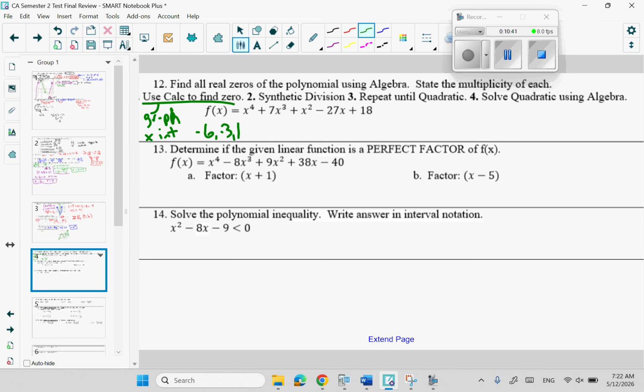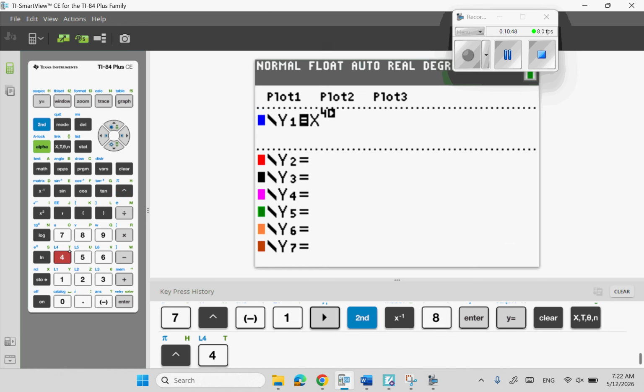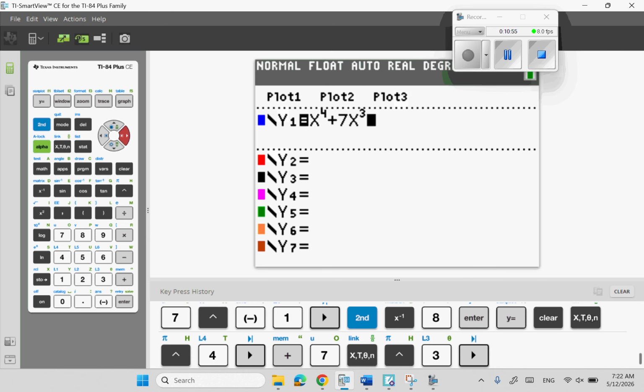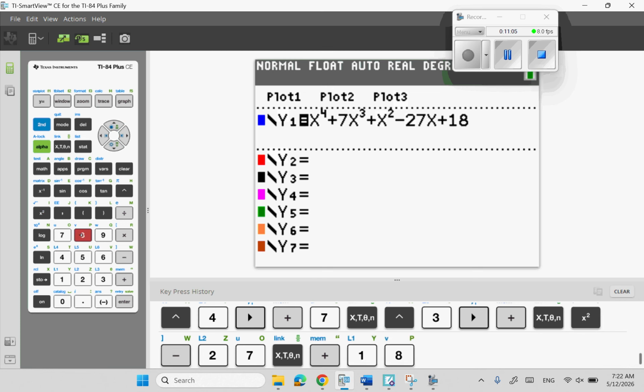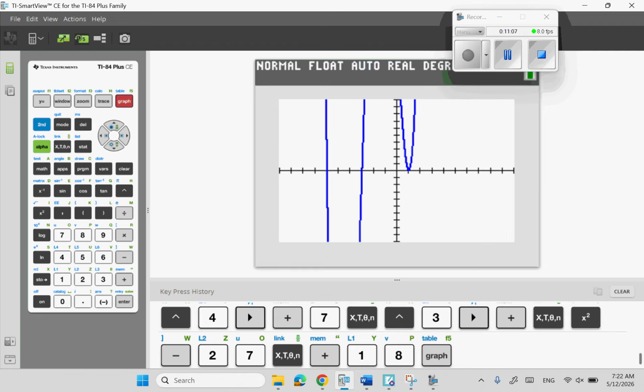Now the interesting thing about the graph here is if I type in here quick, x to the 4th plus 7x to the 3rd plus x squared minus 27x plus 18, if I look at 1, it bounces.